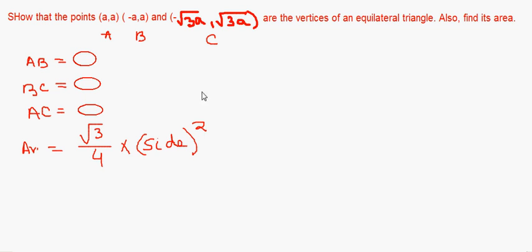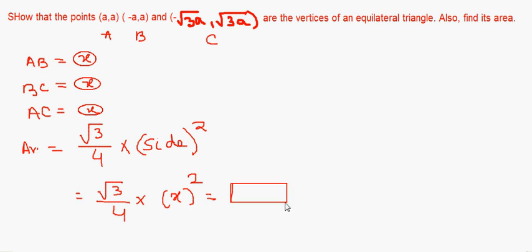Suppose it is given by some x units, this being another x unit, this being another x unit. That is the length of each side of the equilateral triangle. You replace that here as the side, and solve the given formula, and that will give you your answer as the area of the equilateral triangle in square units.